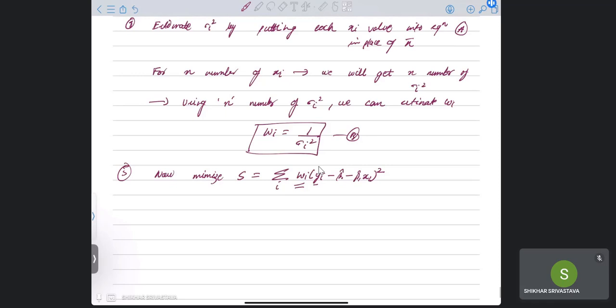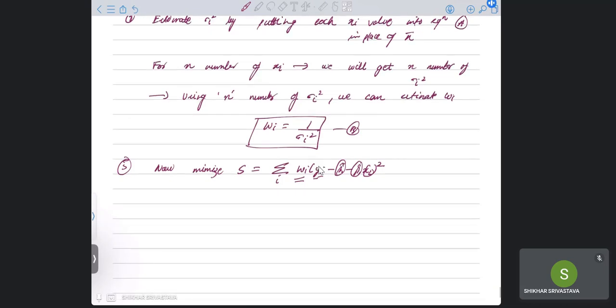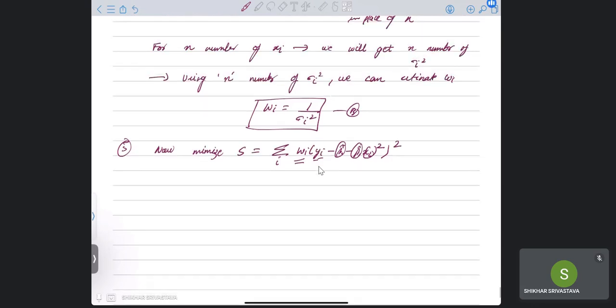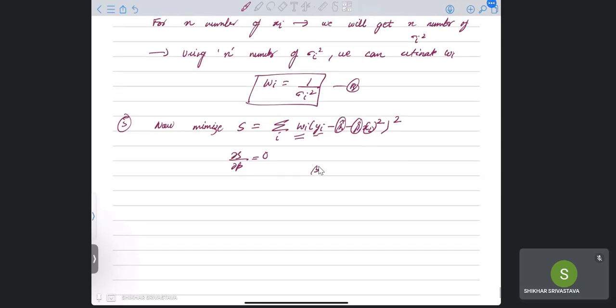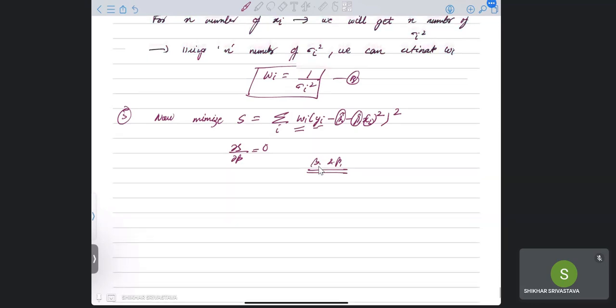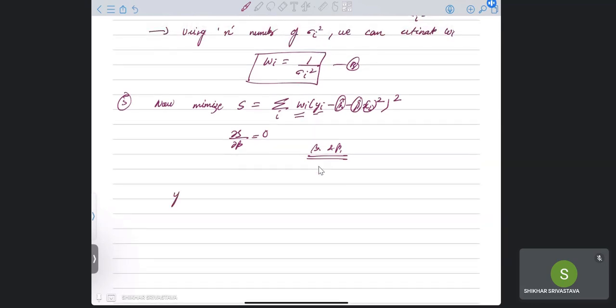Using this, you can calculate beta naught and beta 1, because xi is known, yi is known, wi is known. Using the older method, you just differentiate this, and then you'll get your beta naught and beta 1.